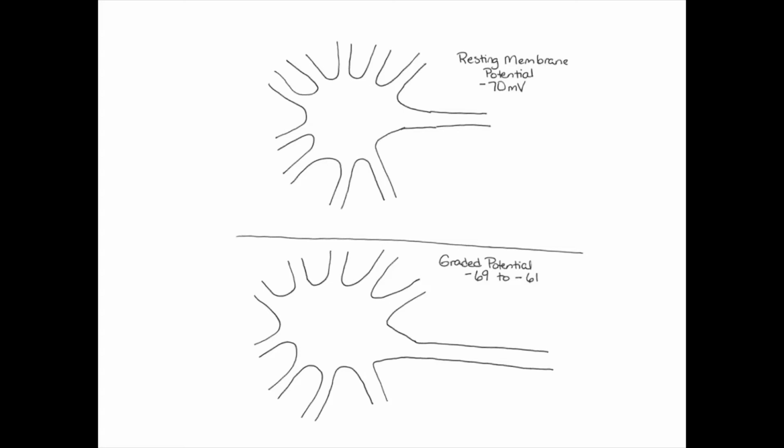And it will pump out 3 sodium, and it will pump in 2 potassium. So it's trying to bring the potassium back in, and it's trying to take the sodium back out so that we can stay at that resting membrane potential. Otherwise, you got a cell filled with sodium, right, and lacking potassium.